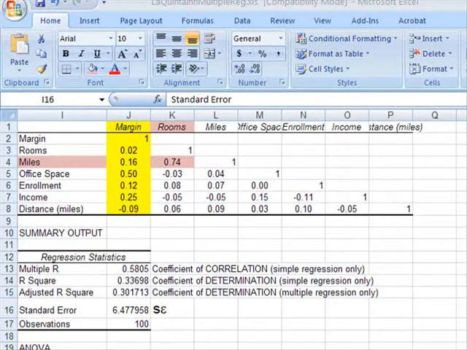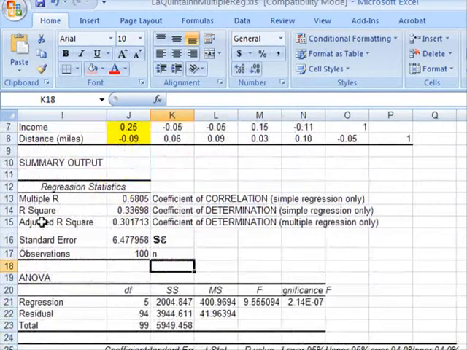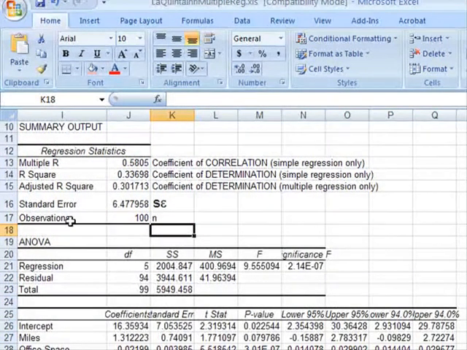Now, the standard error of the whole regression is really the standard deviation of the error term. So we use the standard error to estimate sigma, and that's an important concept. Now, the next one is the sample size, which is n, and then it gives us the ANOVA table.